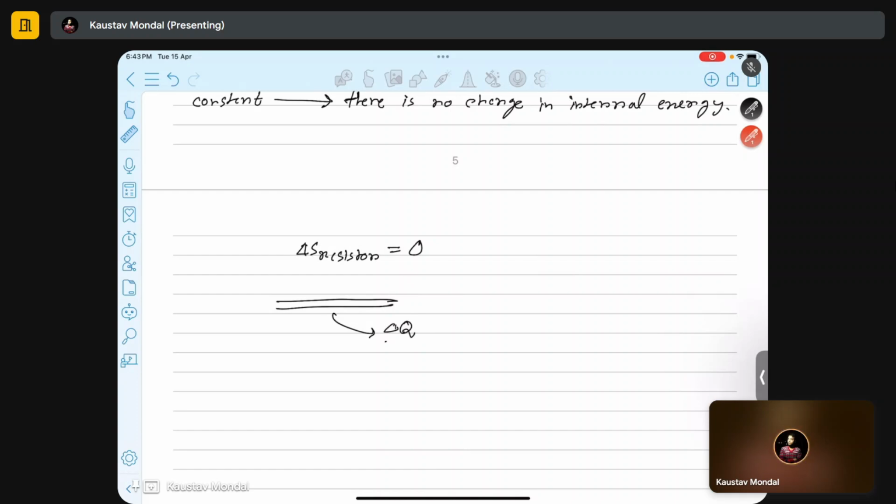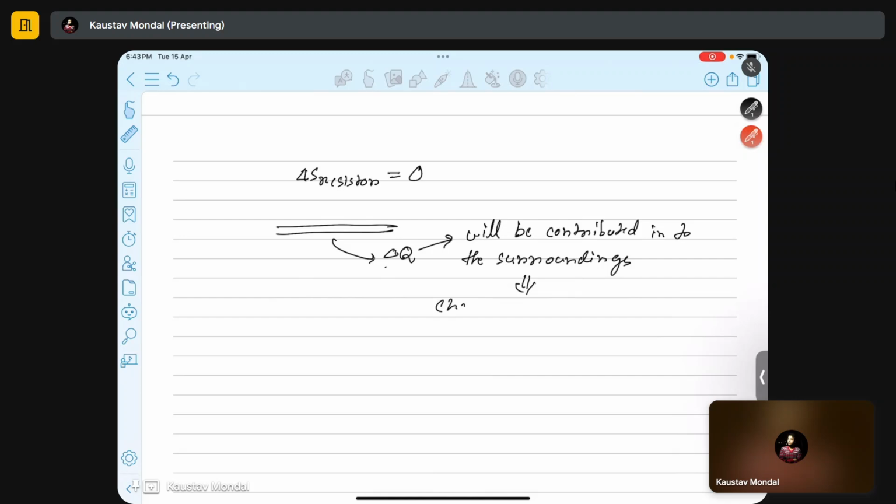This delta q will be contributed into the surroundings, which results in a change in the entropy of the surroundings.